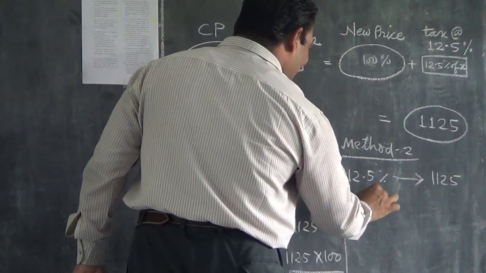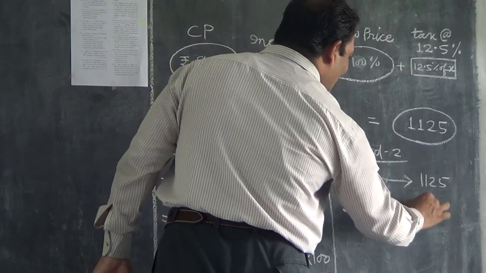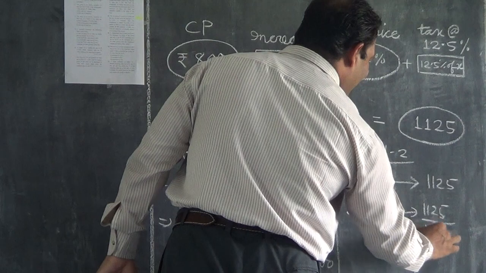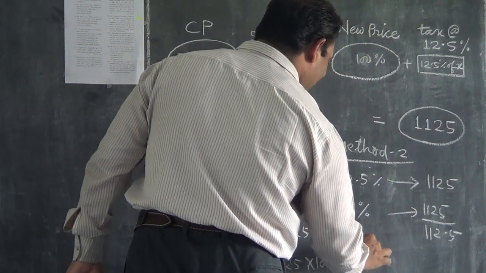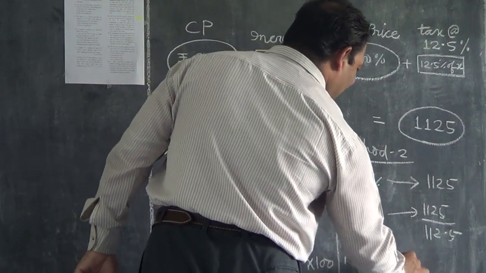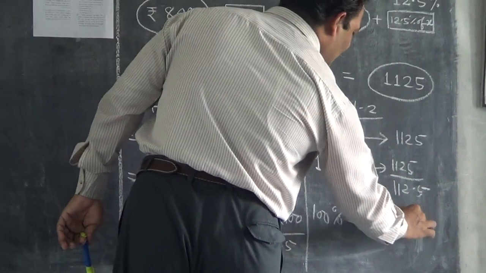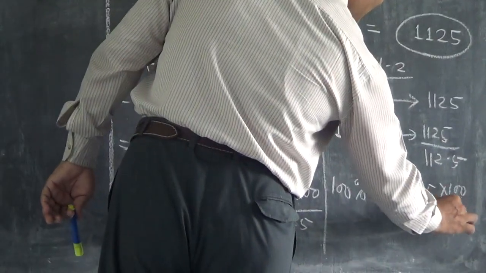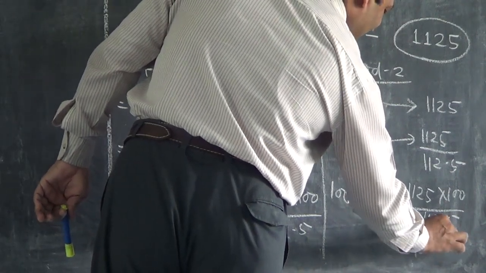Then 1% will give how much? 1125 divided by 112.5. Then 100% will give how much? 1125 into 100 divided by 112.5. Again we can see the answer is 1000.